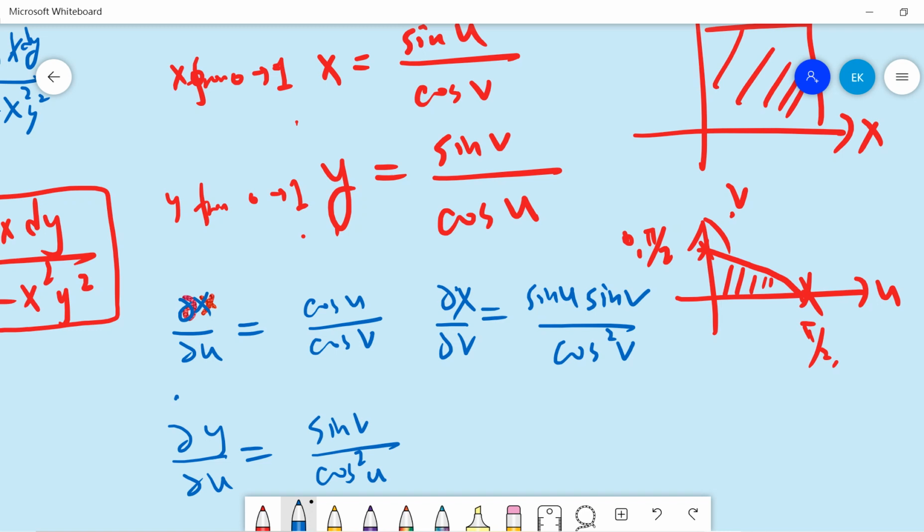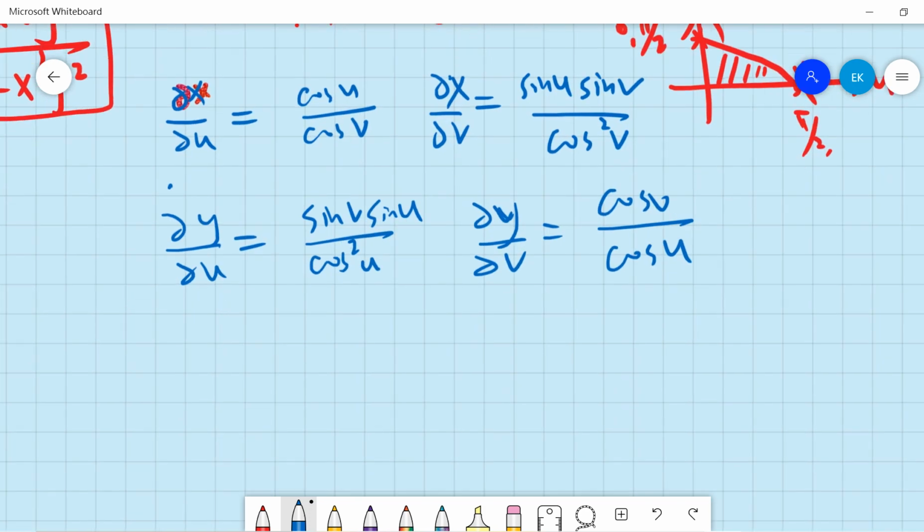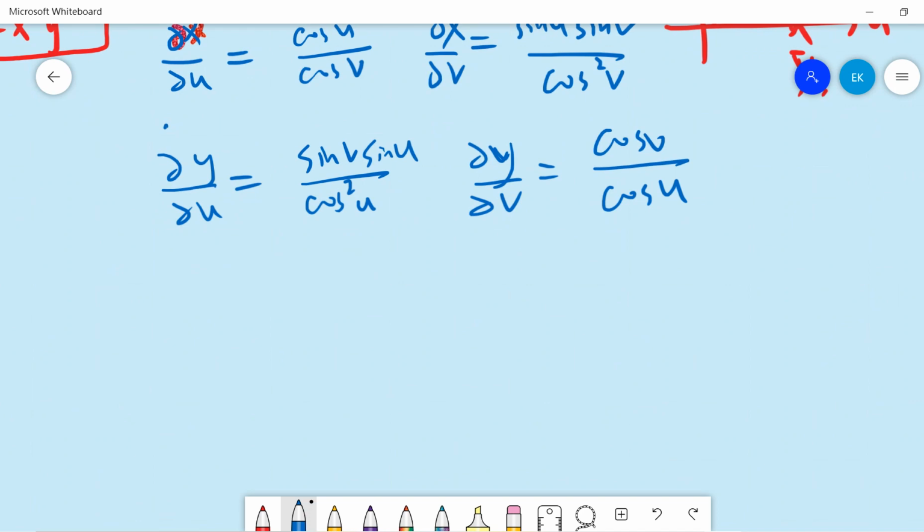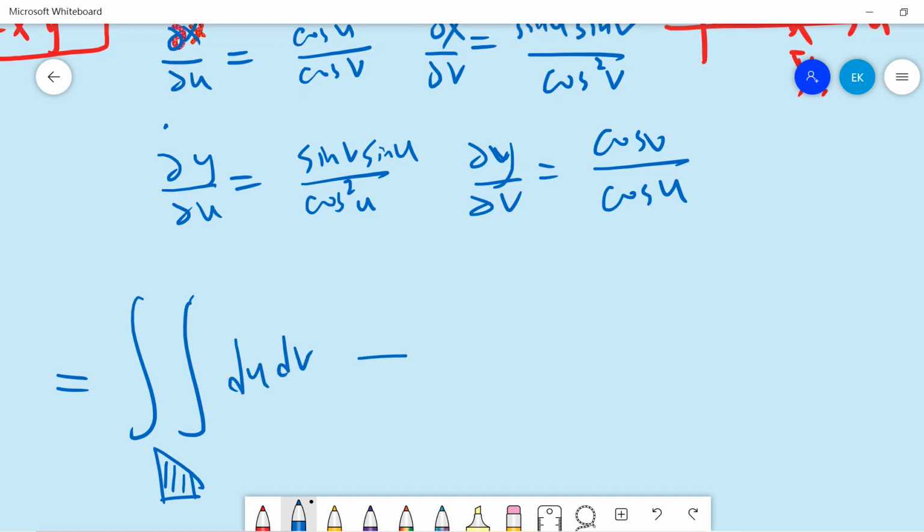So basically there should be a minus sign, but the derivative of cosine u is minus sine u, so the minus can cancel. And partial y partial v is 1 over cosine u.